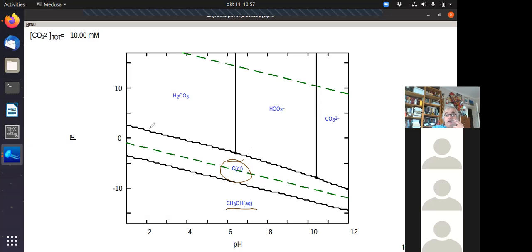But then it becomes more or less impossible to take all of those into account, because the diagram would look completely weird, just like a fly swarm or something like that, with a lot of compounds.